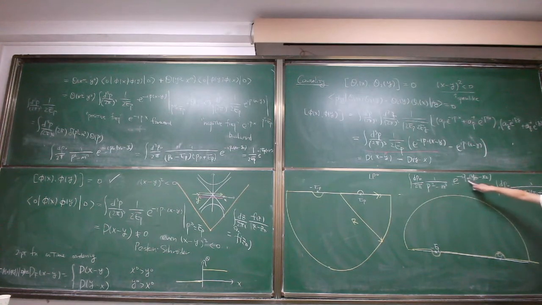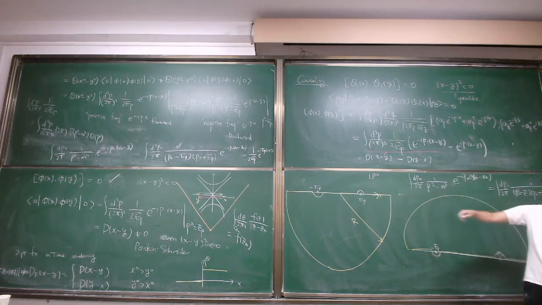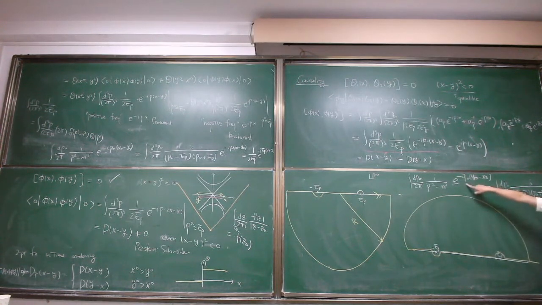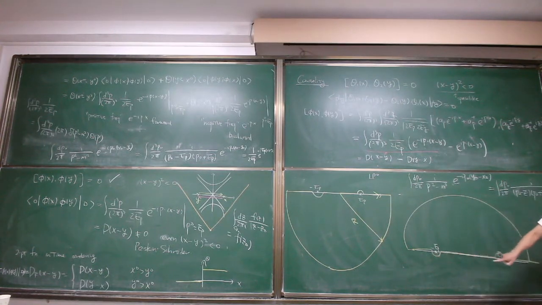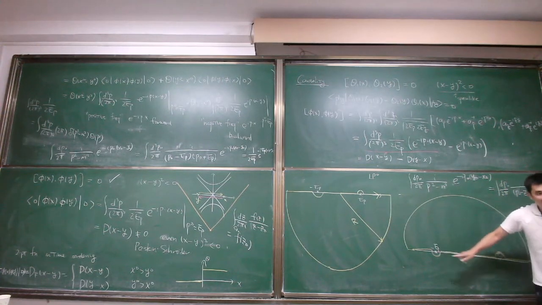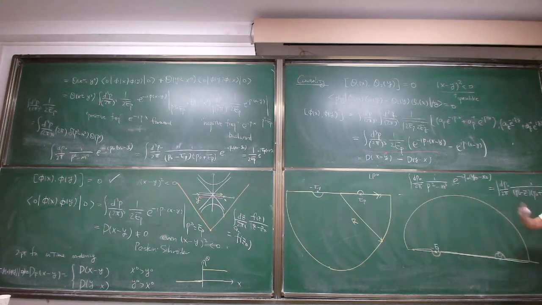Now P0 is in the upper half plane, so the imaginary part is plus I. We pick this pole, minus EP, so the imaginary part is minus EP times R or something like that.